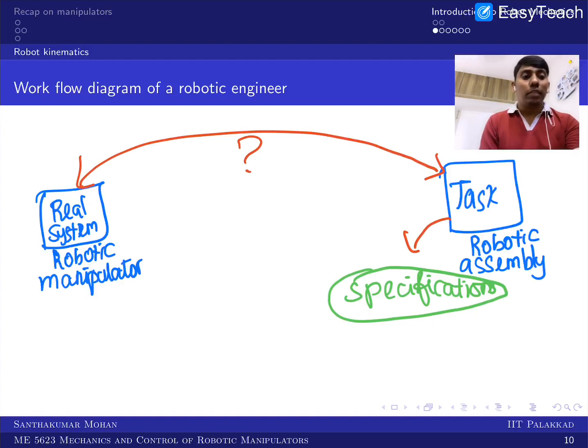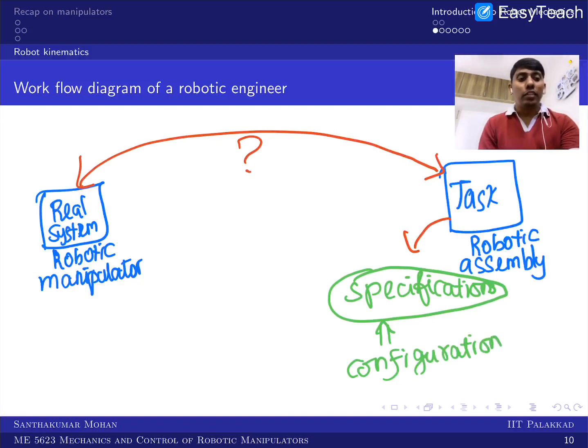From there, based on your mechanism knowledge, you can bring the configuration. In the sense, you are selecting. So selection of configuration would be done based on the technical specification.